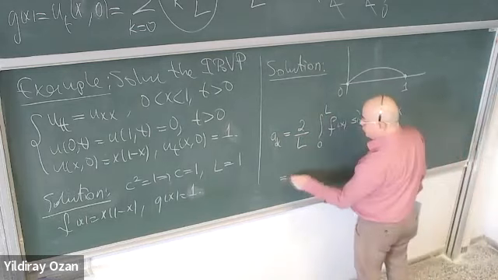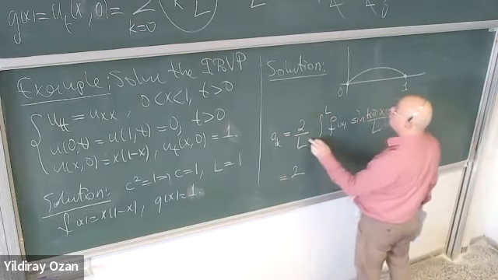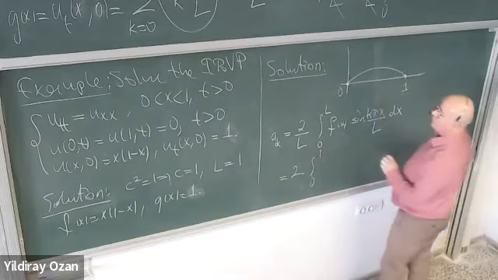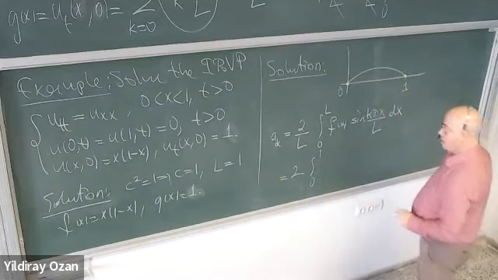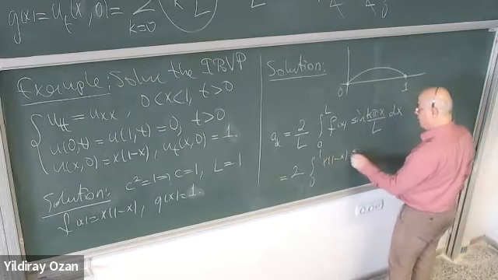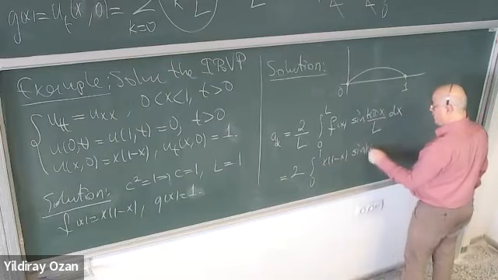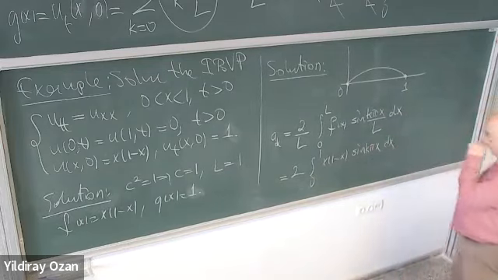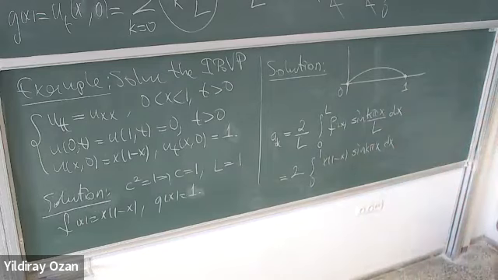So this is just 2 over 1, and then the integral from 0 to 1. f is just x times 1 minus x, and then sine k pi x dx. Well, this is several integrations by parts, right? Nothing but integration by parts.